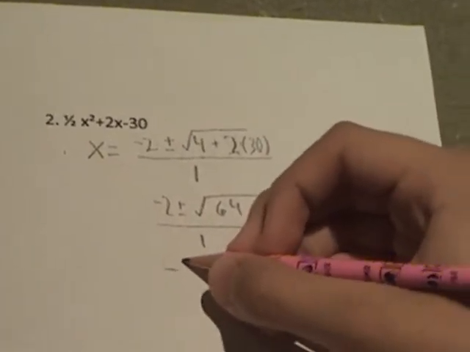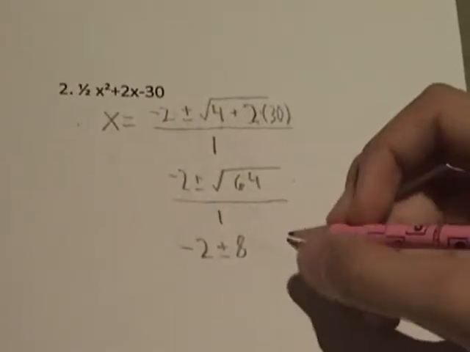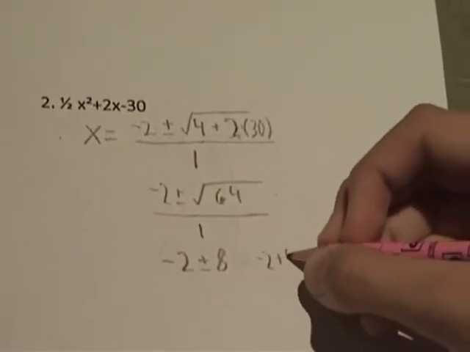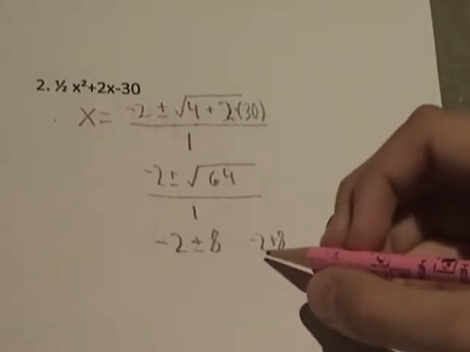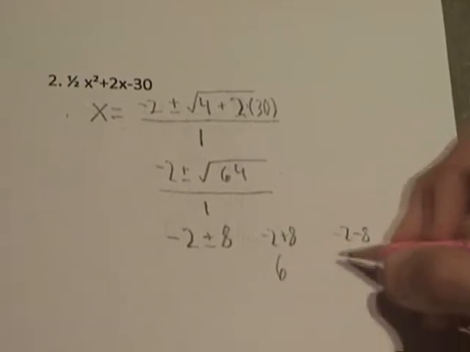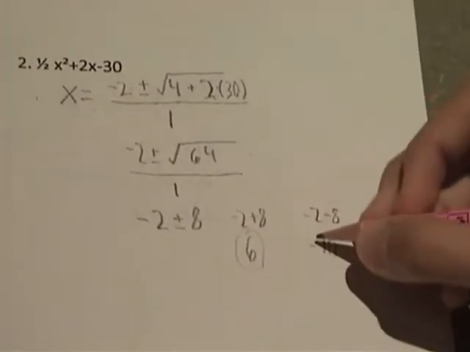So negative 2 plus or minus 8, so negative 2 plus 8 is 6, and negative 2 minus 8 is negative 10. These are your roots.